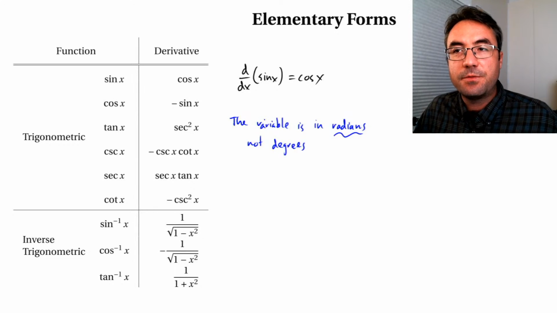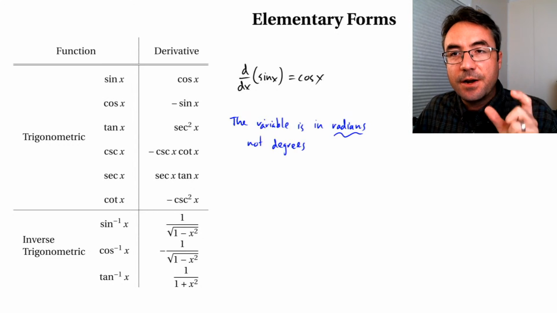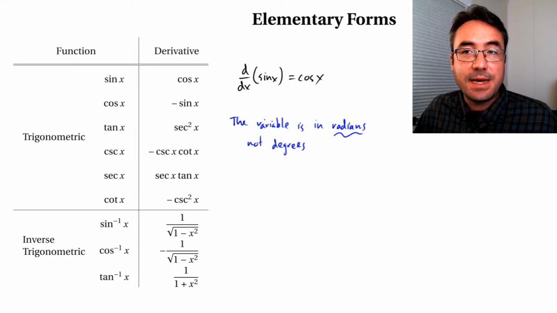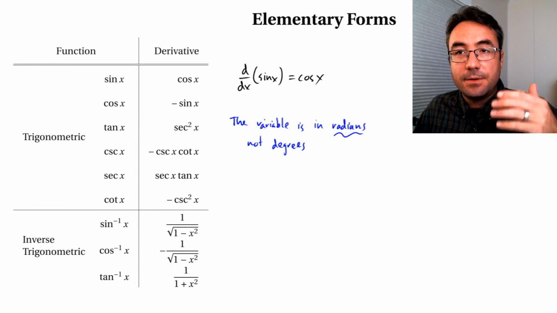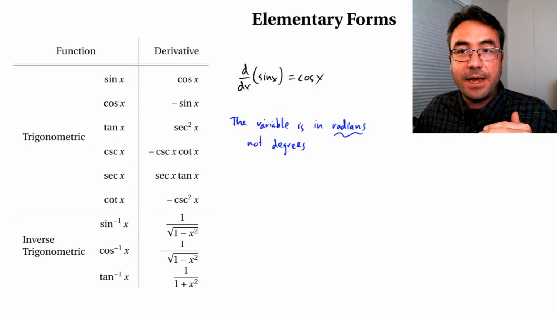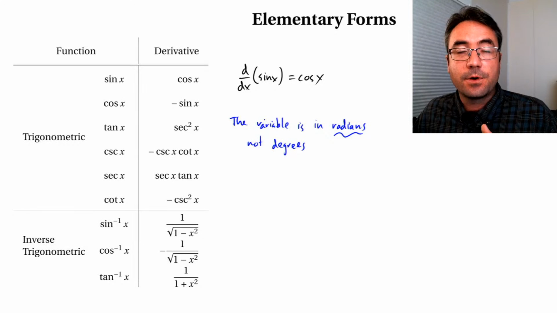When we're working with trig functions in this course, the variable is in terms of radians, not degrees. So these derivative formulas that we have here only work if we're talking in terms of radians.